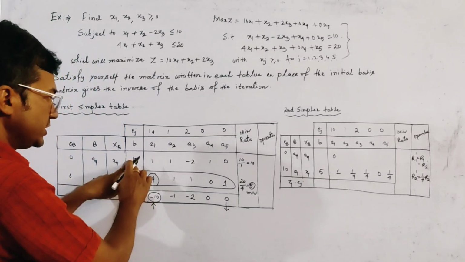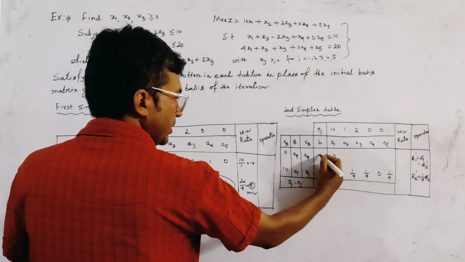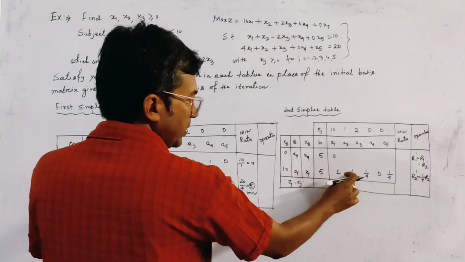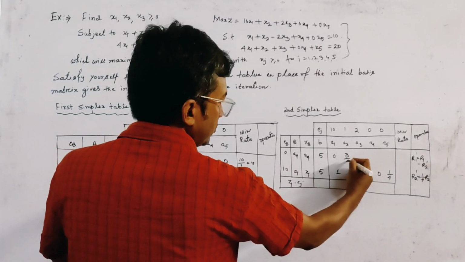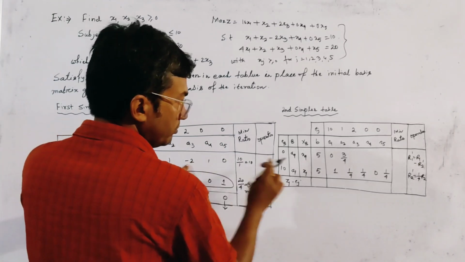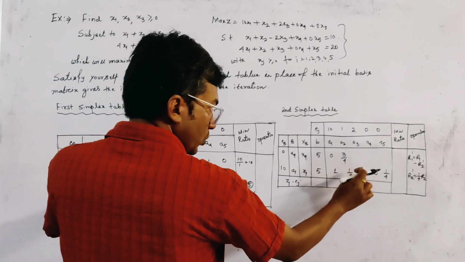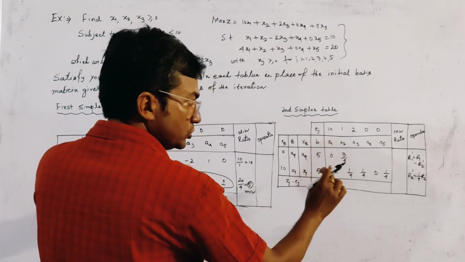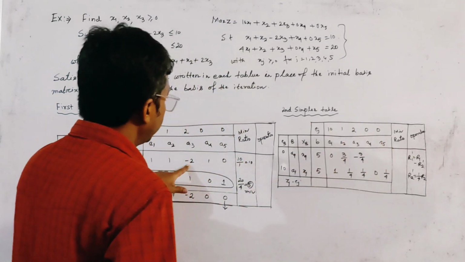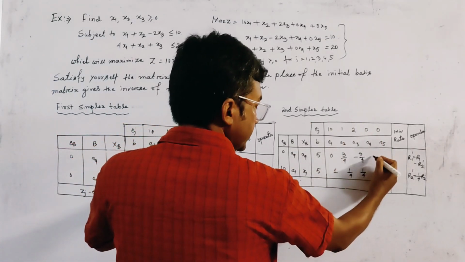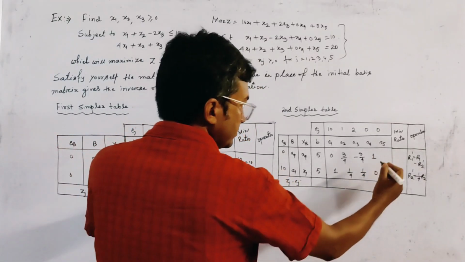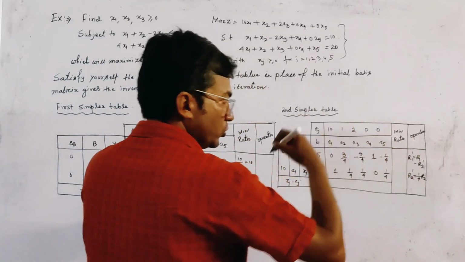Now 10 minus 5 is 5, and 1 minus 1 by 4 is 3 by 4, and this element is minus 2 minus 1 by 4, so this is minus 9 by 4. Clear? And this is 1 minus 0, obviously 1, and this element is minus 1 by 4.